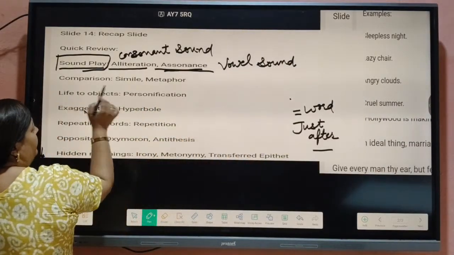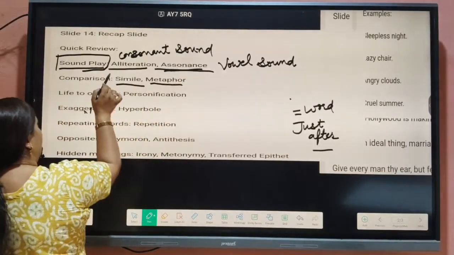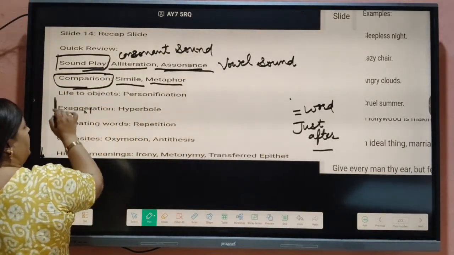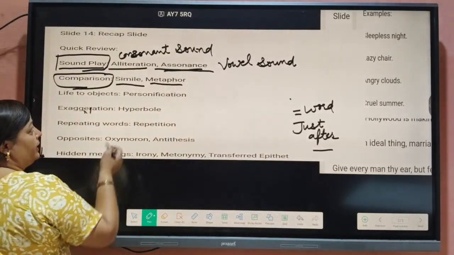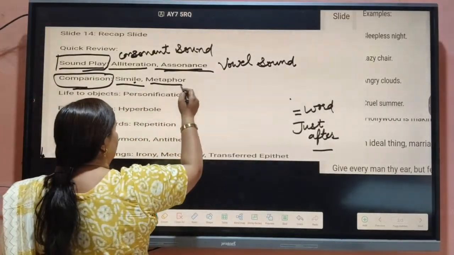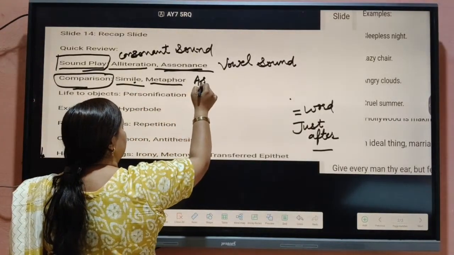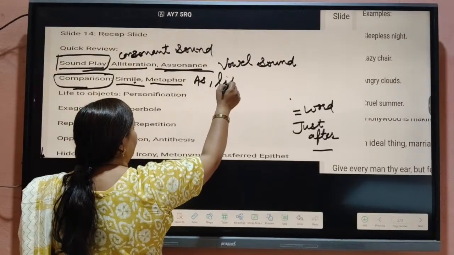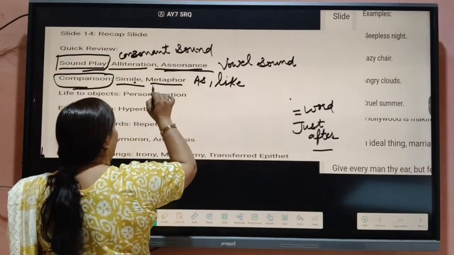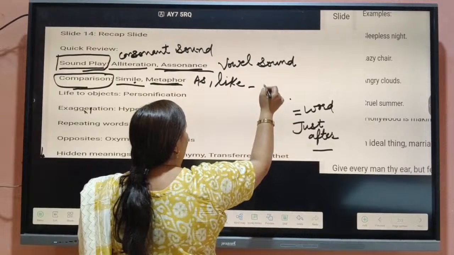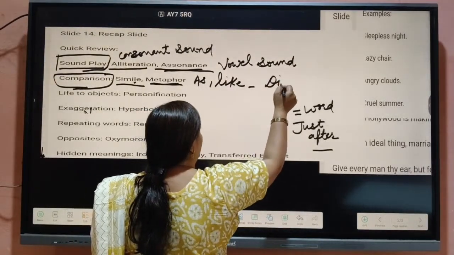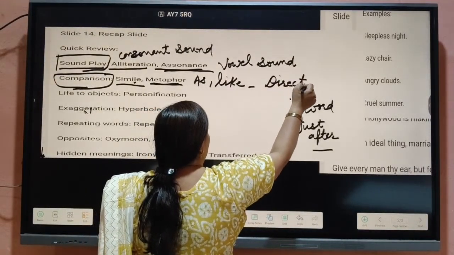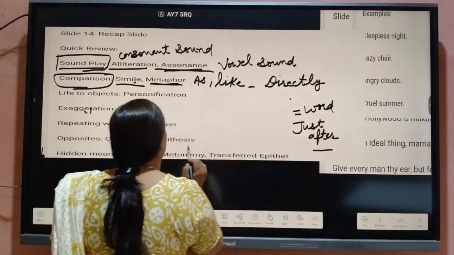And in simile and metaphor, we do comparison. But what is the difference between these two? In simile, we use the words as and like to do comparison, but in metaphor we directly do comparison.